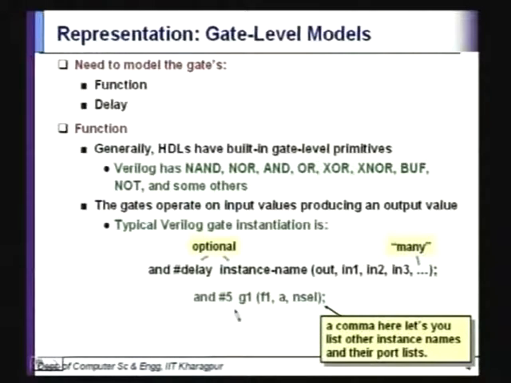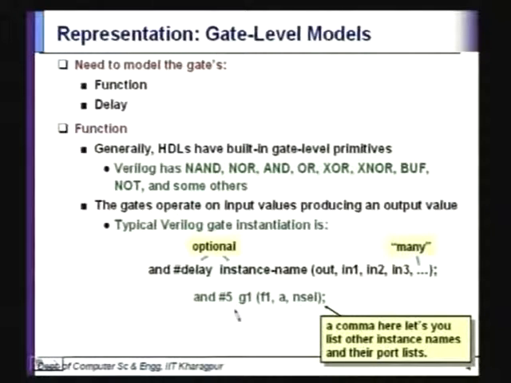The typical Verilog gate instantiation is of this type. You have the gate name or the type, which is one of these, and then you have the delay. Now this is optional to specify. Then you have the instance name, and then first is the output of the gate and then the inputs of the gate.